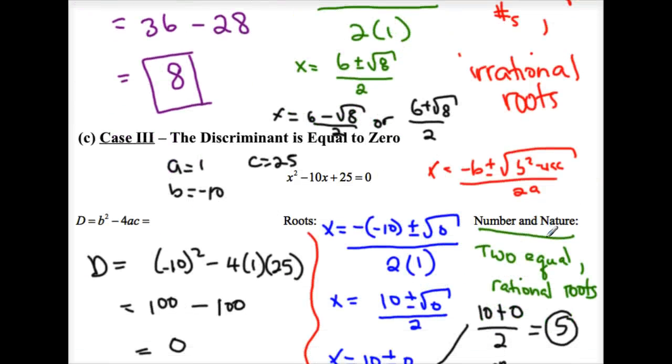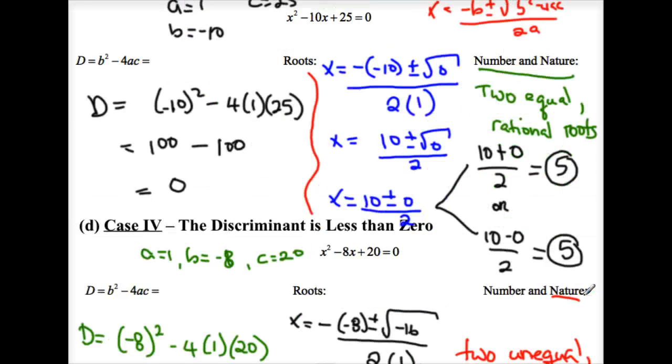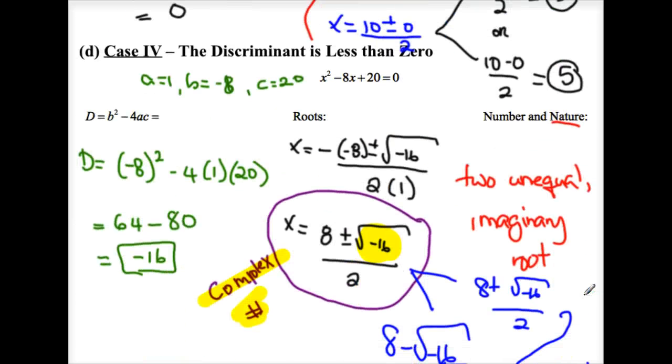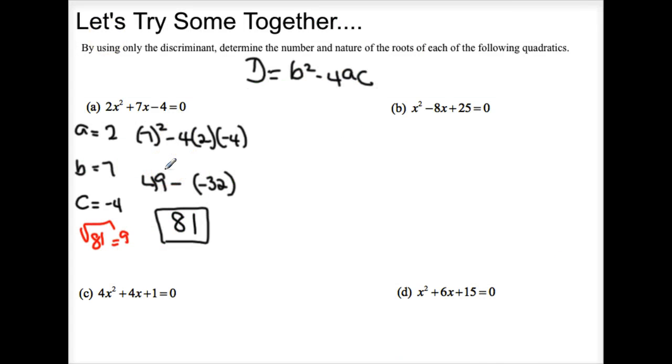When the discriminant is 0, we saw that it was going to be 2 equal rational roots. And then the last case was when it's less than 0, it's 2 unequal imaginary roots.